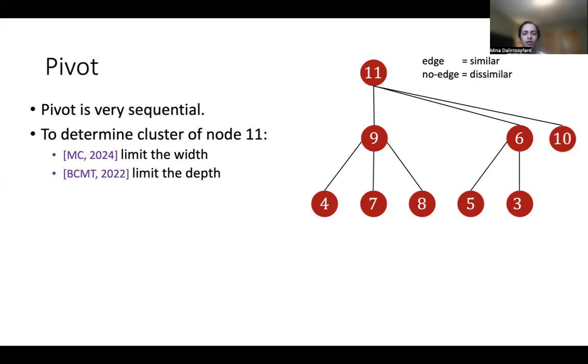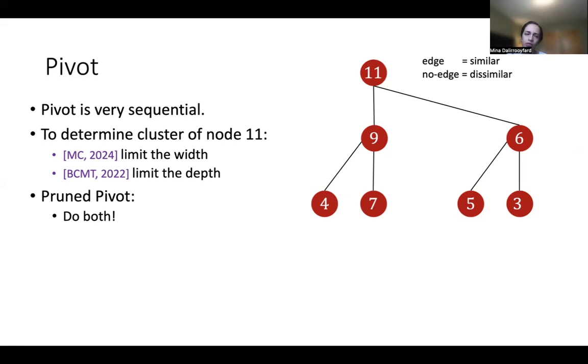The high-level ideas are just to limit width and limit depth, and the implementation of these ideas is very simple. The challenge in both of these 2 papers is in analyzing the algorithm and showing that it still gives an almost 3 approximation.